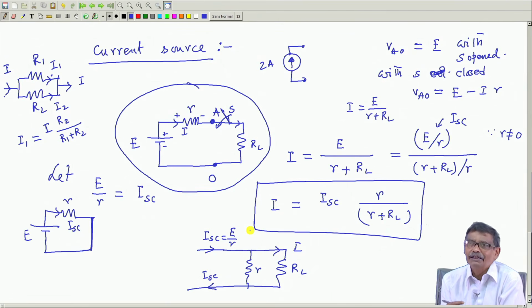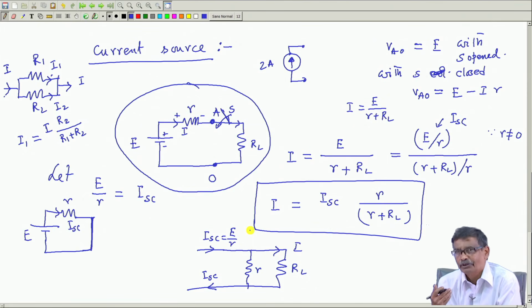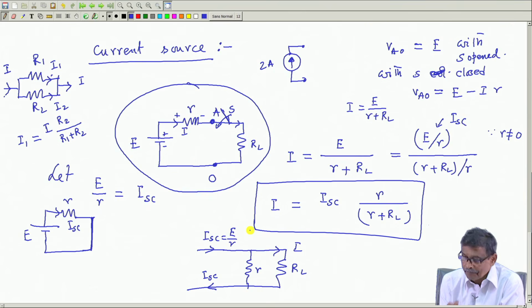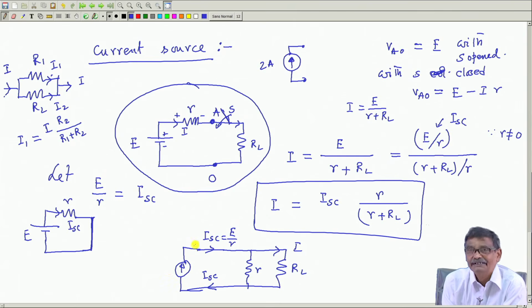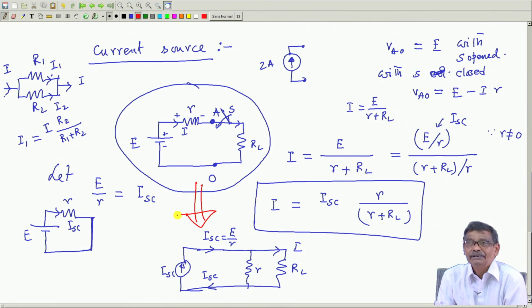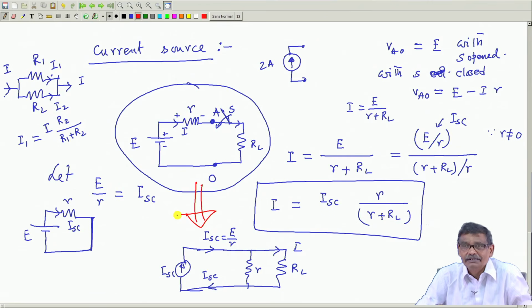See, always if you look at the things, always try to see, okay, this problem can be also imagined in this way. There is somebody sending a constant current ISC. This circuit can be also thought of without any loss of generality.